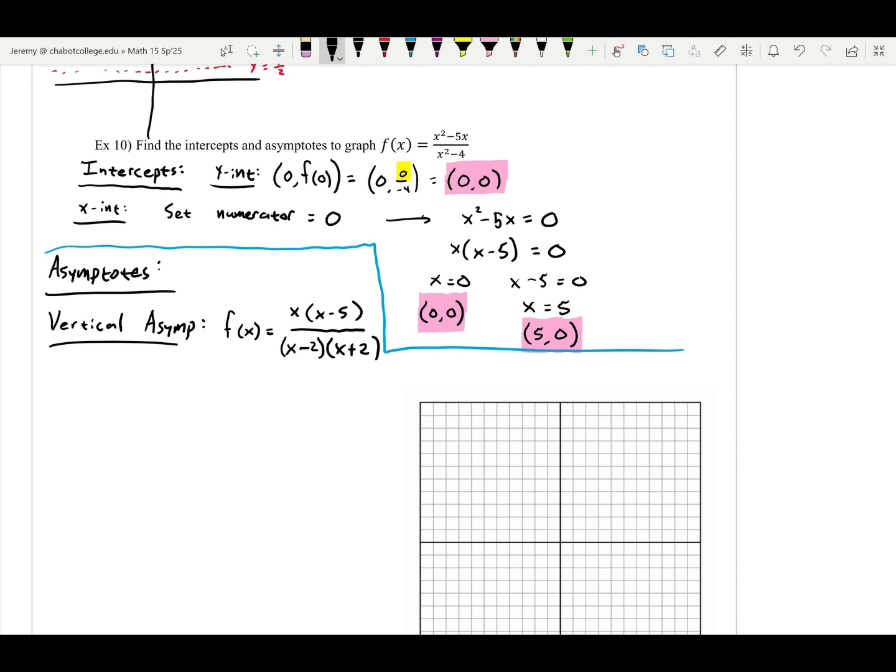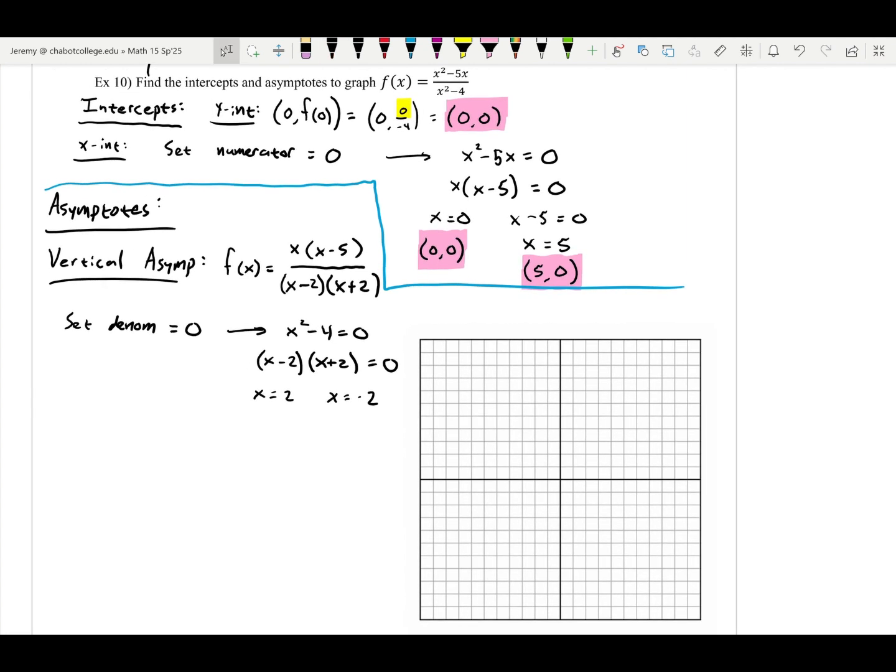But really the way that we solve for vertical asymptotes is we set the denominator equal to 0 and solve. Normally it would look like this, but I would just solve this by factoring anyway. So I'm going to do the (x minus 2) times (x plus 2). So I get these two solutions, x equals positive 2, x equals negative 2.